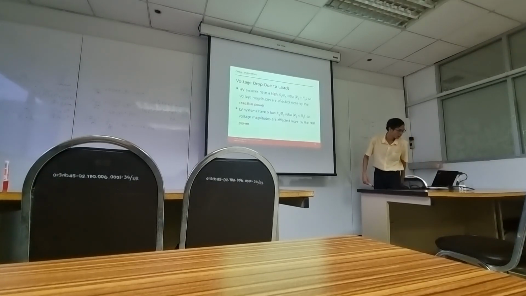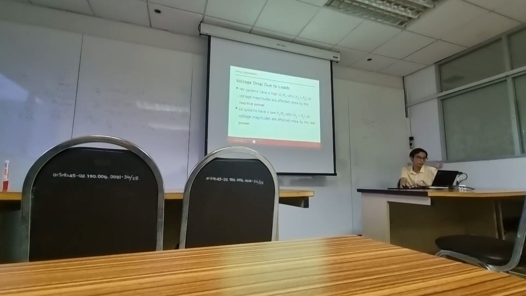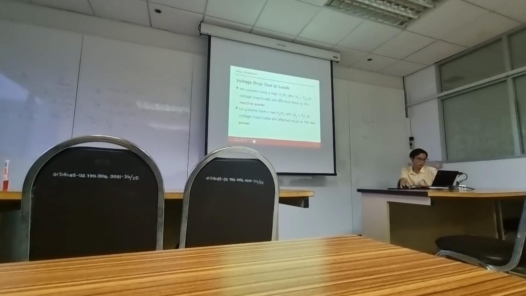Okay, I have some remarks. For a high voltage system, usually there is a high X over R ratio. High voltage, X is large, R is small. So the voltage magnitude is affected more by the reactive power.